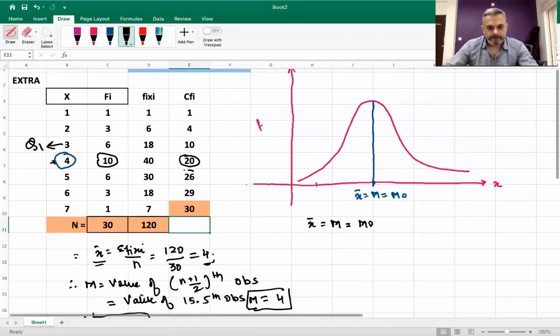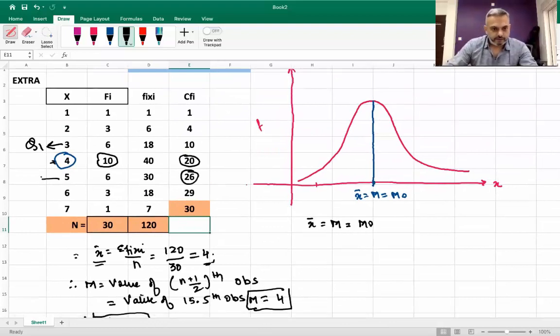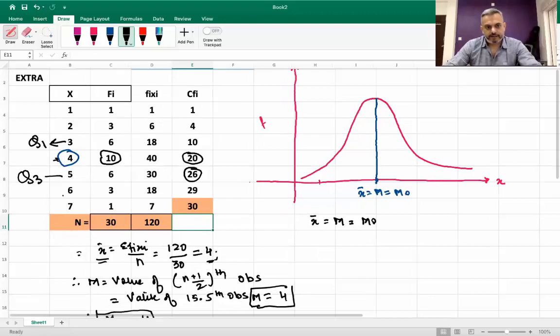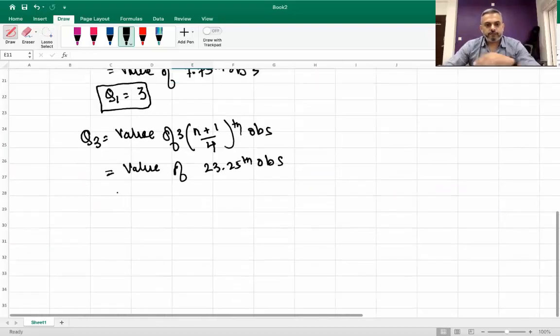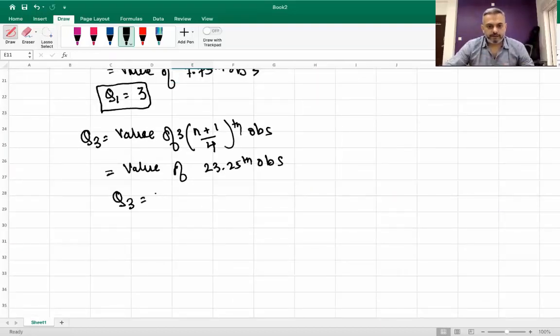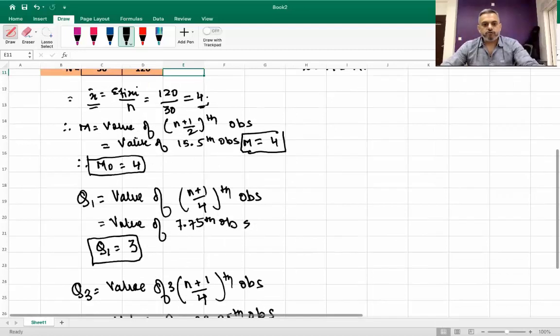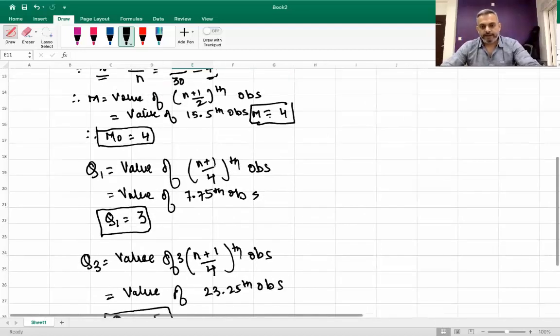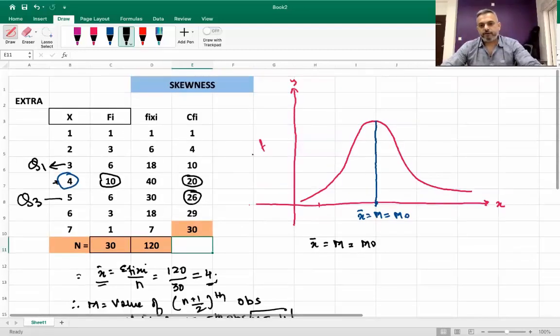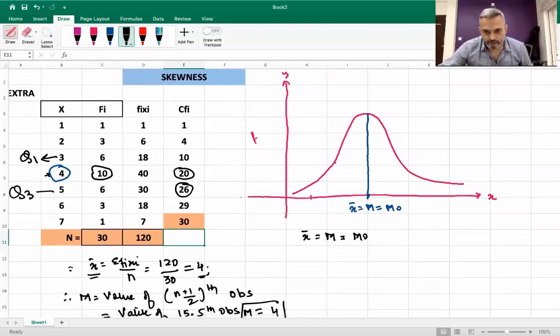So which will come in 26. So this will be Q3. So Q3 is equal to 5. So now you can see Q1 is 3, median is 4, and Q3 is 5. So somewhere over here, I'll draw a line.